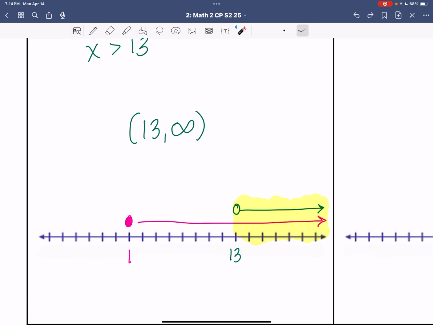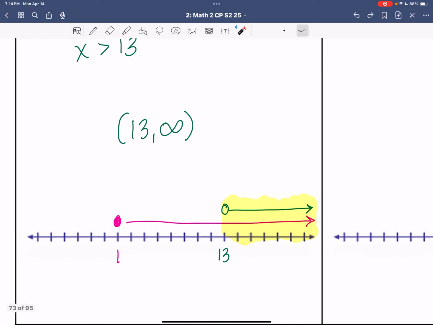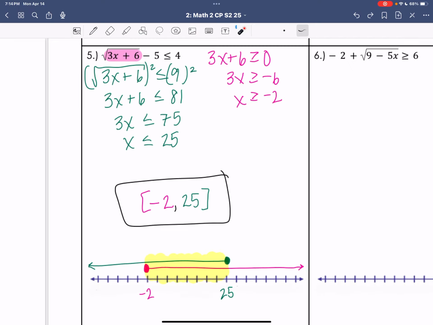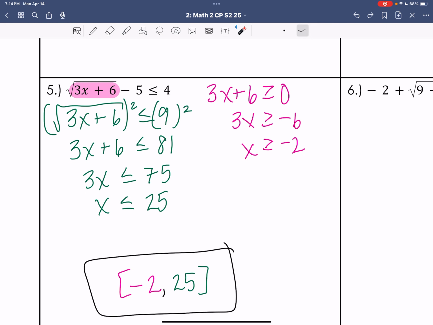So if you notice there, now my overlapping part is from here all the way to infinity. So you have a parenthesis, and then infinity is a parenthesis also. So make sure you put that down. That's your answer there.